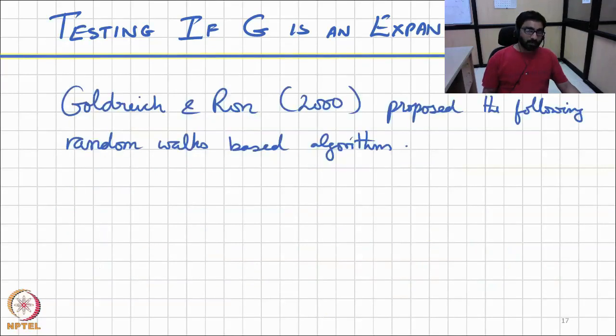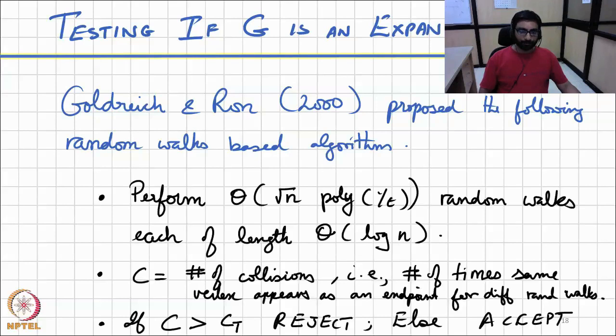And as it turns out, they proposed a very interesting, simple algorithm to test whether a graph is a good expander or not. The algorithm works as follows. You perform some Theta of square root of n times polynomial in 1 over epsilon number of random walks. And each of these random walks is of length Theta of log n.